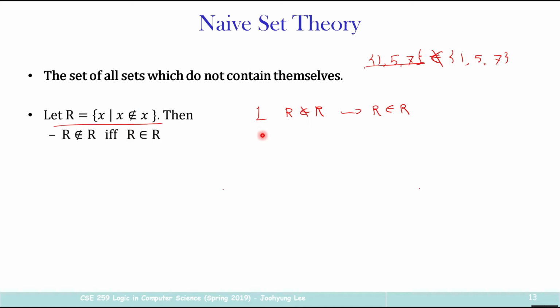What about the other case then? Suppose R is a member of R. What happens here?